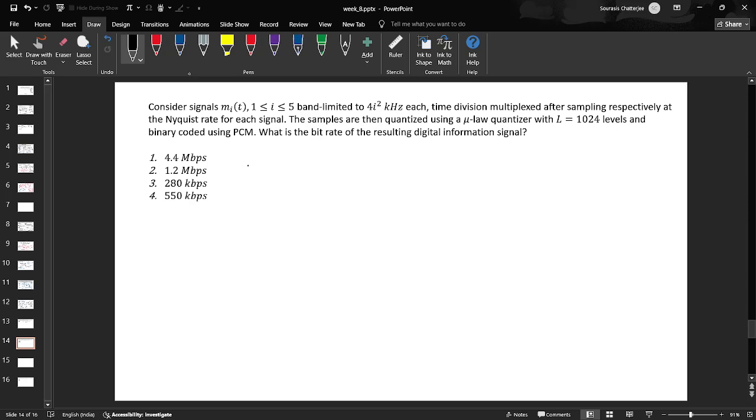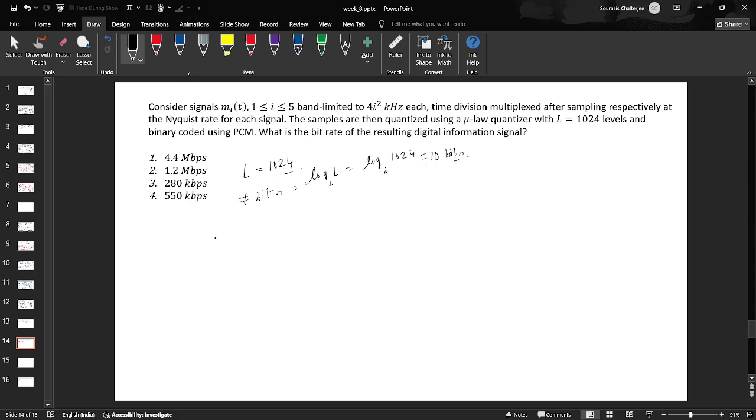Now the key information is L is 1024, which means the number of bits you require to represent each sample is log base 2 of L, which is log base 2 of 1024, that is 10 bits for each sample. Now how many samples are going to be there?